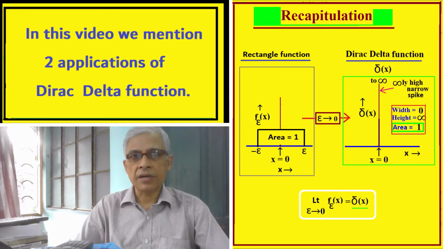You see on the right an infinite spike at x equal to 0, implying that the width or spread along x is 0.